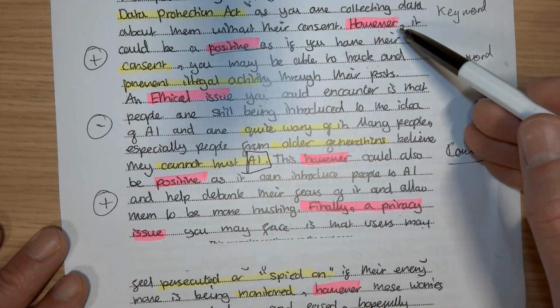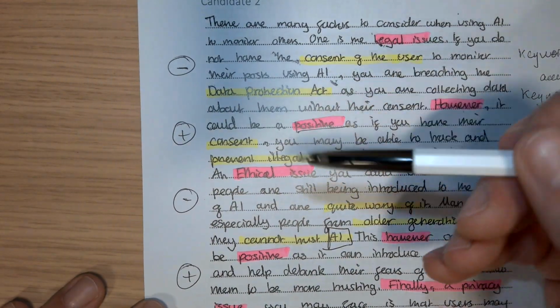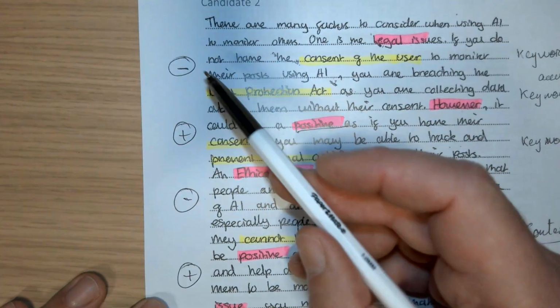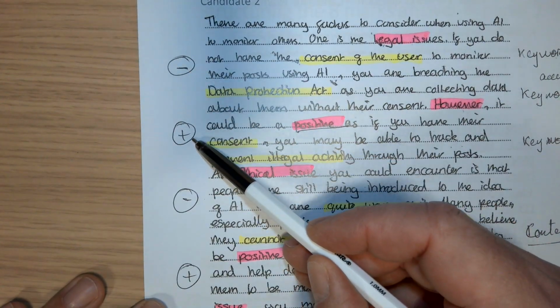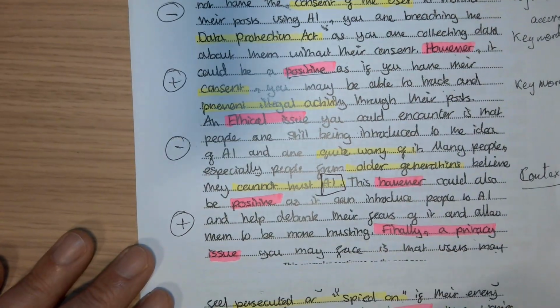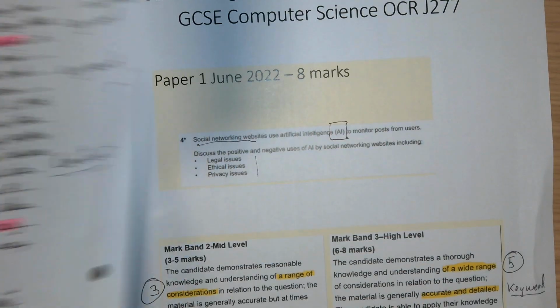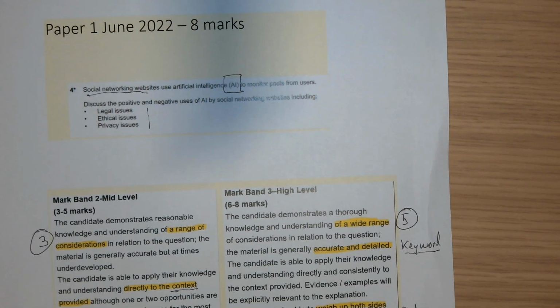So use of connective words to make it very obvious to the examiner that you start with a negative point and instantly a positive counterpoint, and again negative and positive, all the way through the answer. So doing this, we've got a balanced argument.